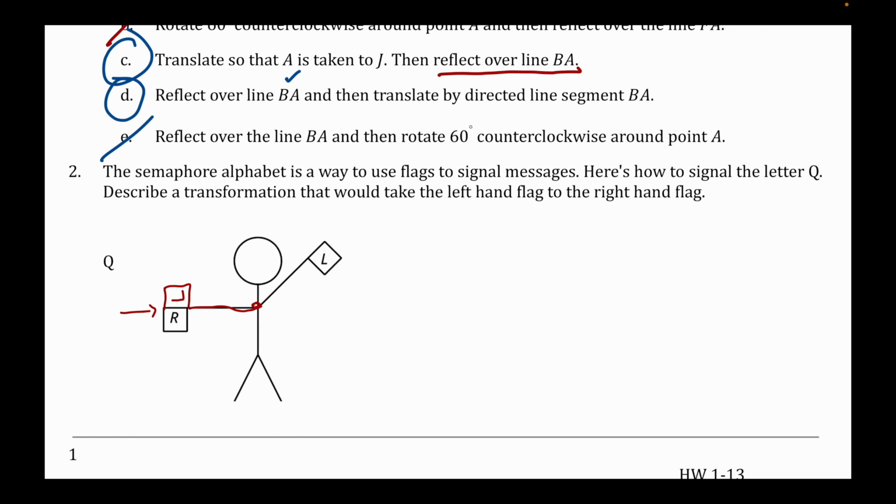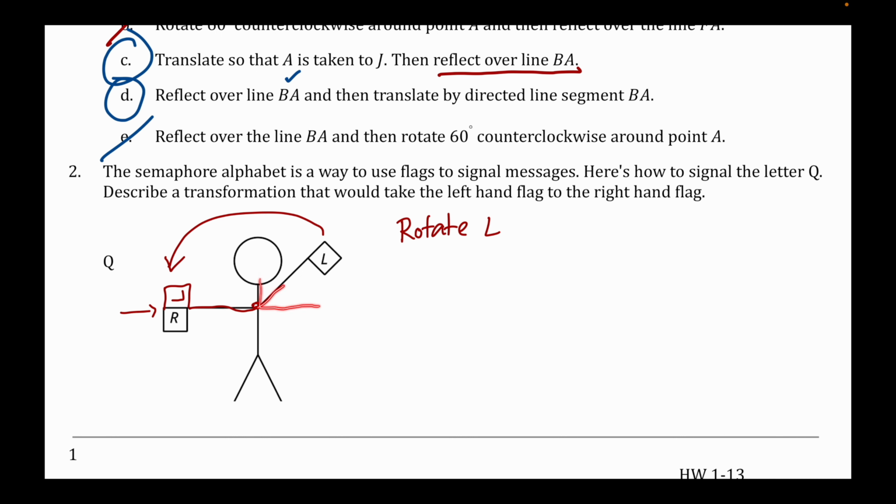So let's describe the rotation first. So we could say rotate L. And if we want to estimate how far to rotate this, that left flag, in the stick figure's left hand, is about a 45-degree angle, because 45 is half of 90, and the person's right arm is making a 90-degree angle.